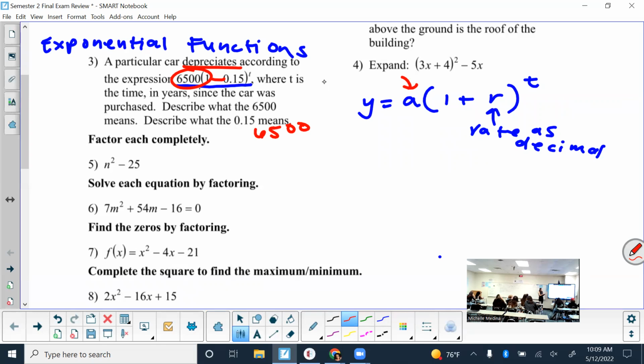It is a 6,500, but just like normal terms, the A stands for your initial amount. So if we're talking about cars depreciating, what do you think that 6,500 is? It's the initial amount of what they paid. So that's what they paid initially.